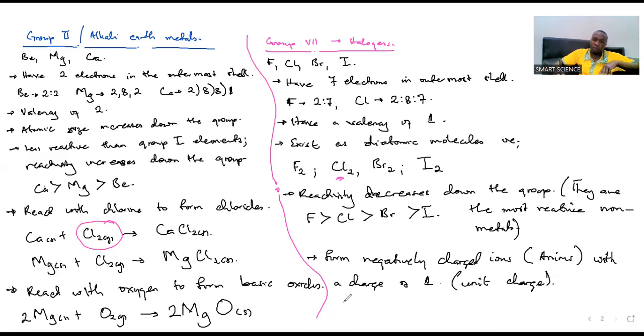For example, fluorine will form an ion of F-, chlorine will be Cl-, bromine will be Br-, iodine will be I-. So those are some of the general characteristics of the different groups in the periodic table.